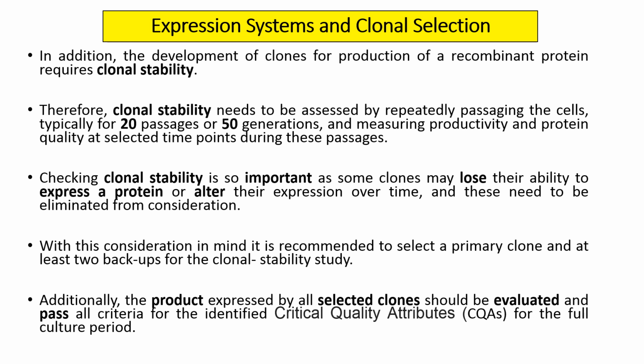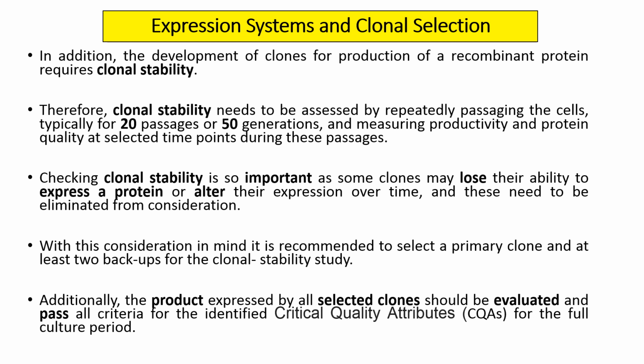So this is an example of how they can lose their ability to express a protein or alter their expression over time. This needs to be eliminated from consideration when we talk about biosimilars, because we want to guarantee and make sure that biosimilarity is attainable at all times.